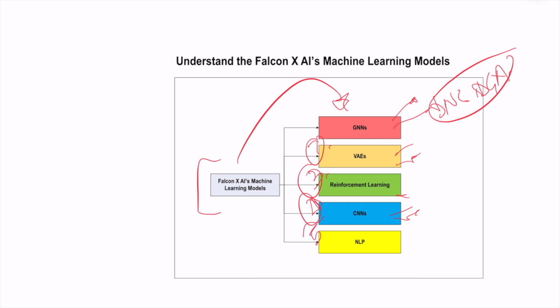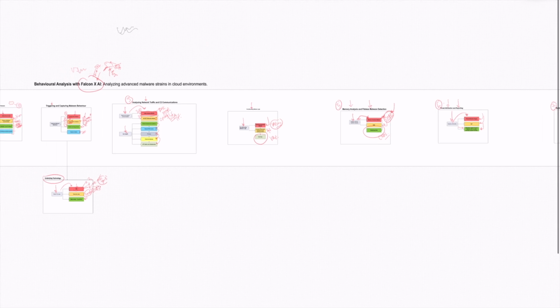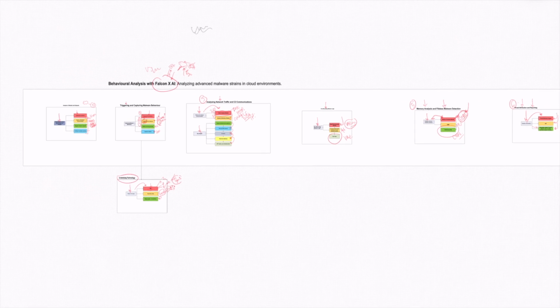And then the fifth one, natural language processing. It's applied to threat intelligence reports, incident response documentation, and malware sample metadata for contextual threat attribution. And in a final comment on this specific software that you could use for AI malware analysis, the behavior analysis capabilities are quite advanced, mostly for a cloud environment.